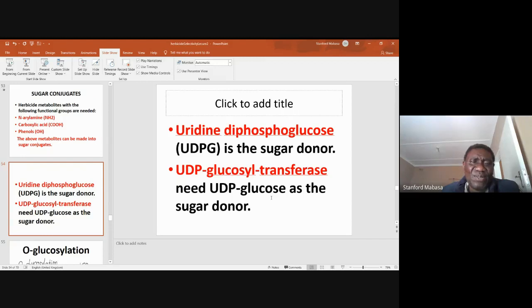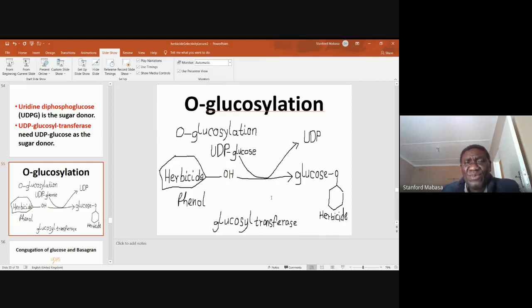That is the sugar donor. Now I want to talk about the reactions which can take place. The reactions are basically known as the glucosylations.